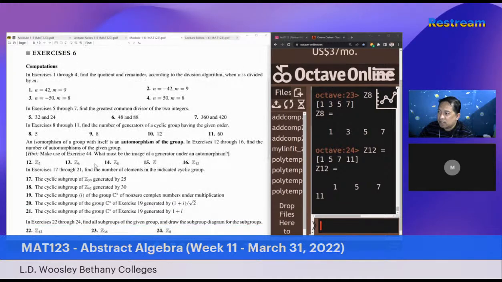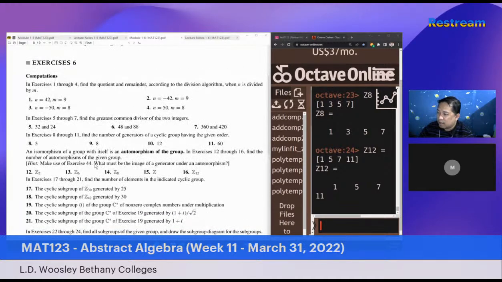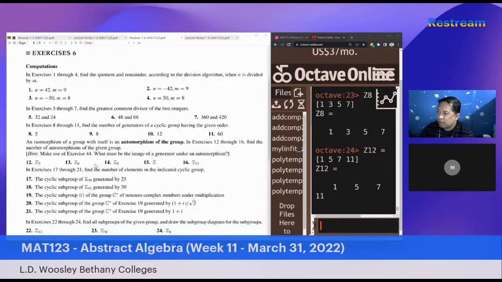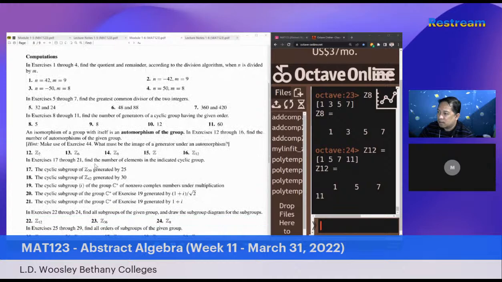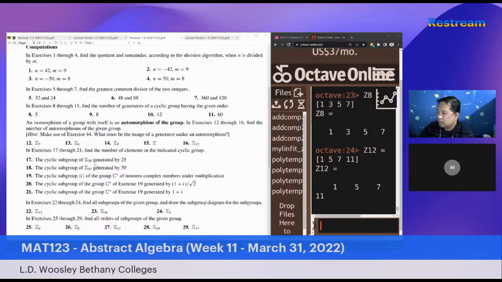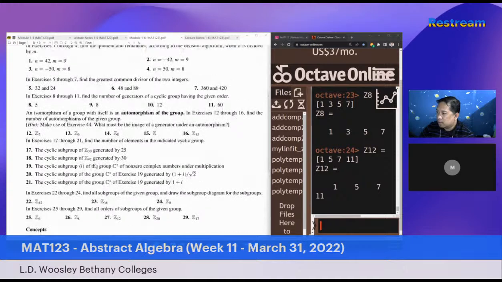So similarly, your take home here will be 17 to 29.